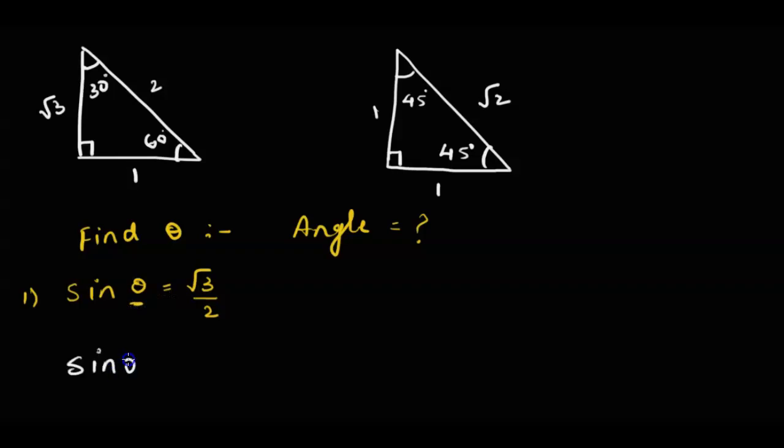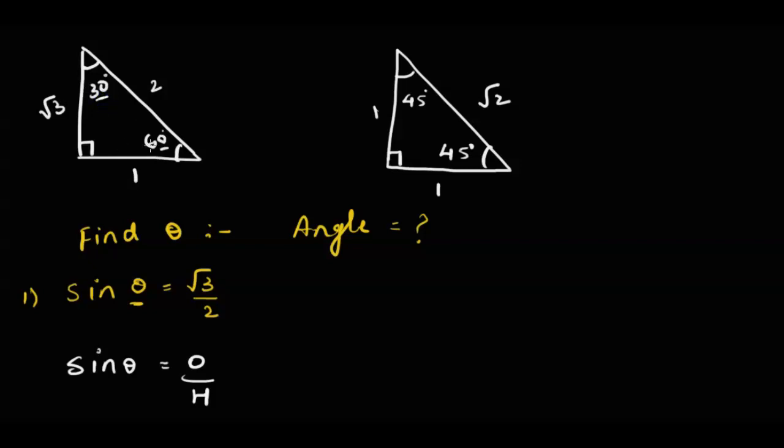We know sine theta is opposite over hypotenuse. Now we know root 3 is contained in the first triangle, so we do not have to look at the second triangle. What we would see is where is the opposite root 3. So for which angle? The opposite is root 3. If we consider 30-degree angle, opposite is 1.